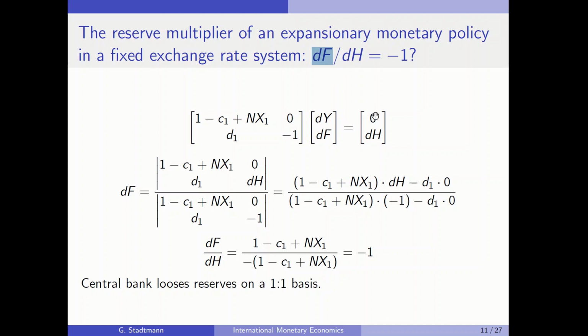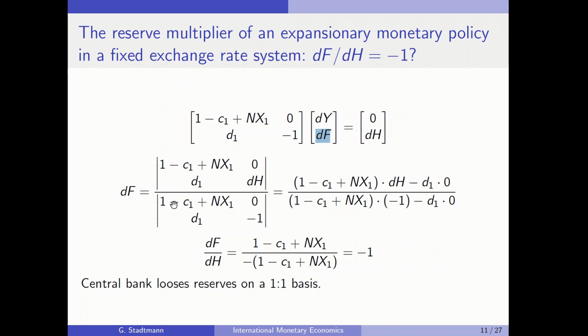Let's do our computations. The reserve component is on the second position. Therefore, we take the solution vector and insert these elements into the second column of the coefficient matrix. And we have to compute the multiplier. So 1 minus c1 plus nx1 times dh minus d1 times 0.